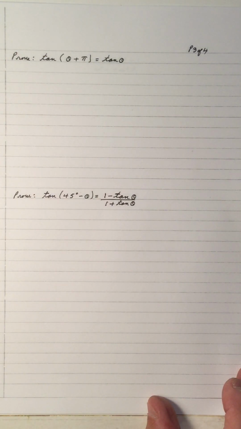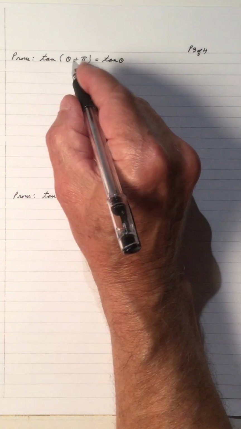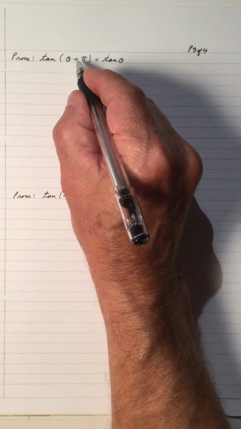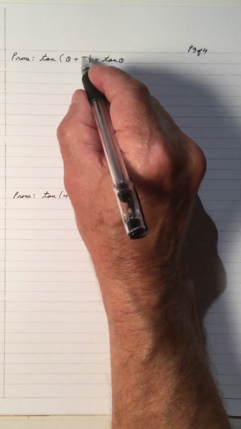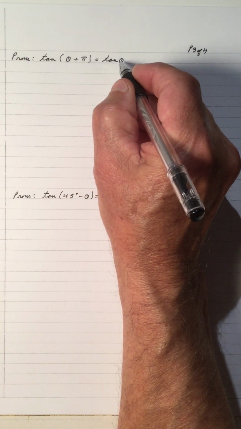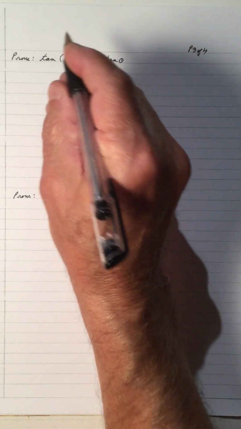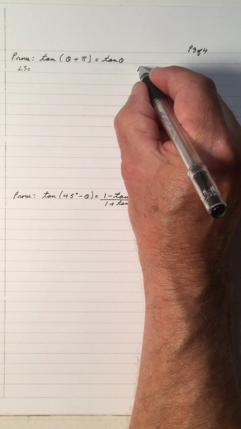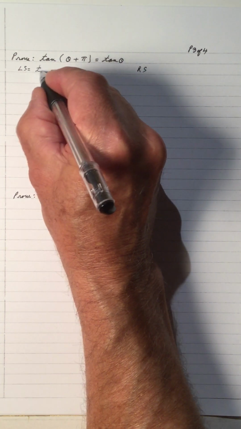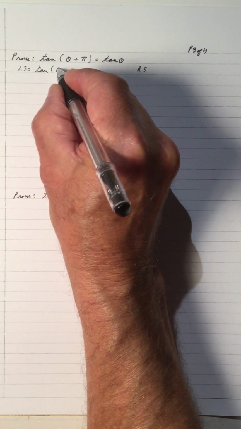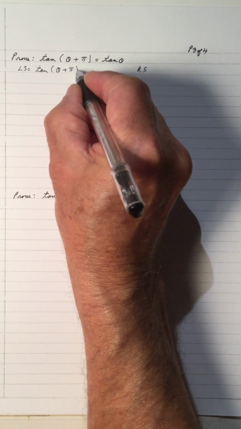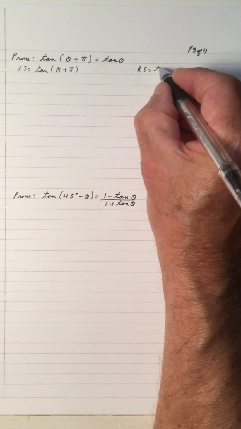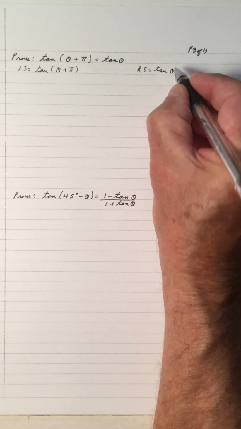Let's continue. Let's prove that the tan of theta plus pi equals tan theta. So we have a proof, with a left side and a right side. The left side is tan of theta plus pi, and the right side is the tan of theta.